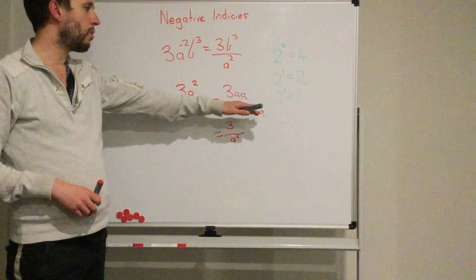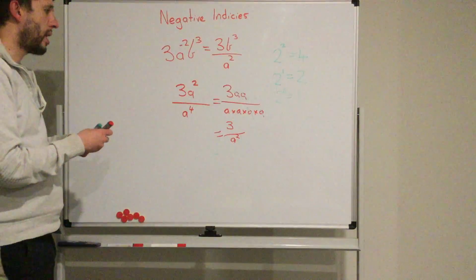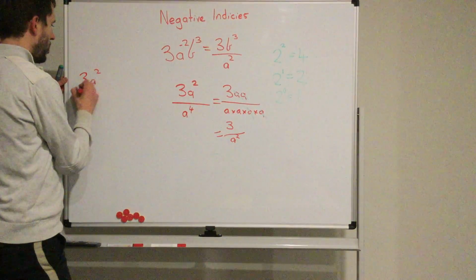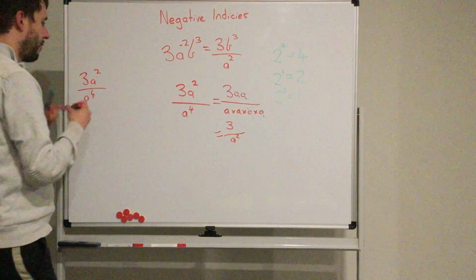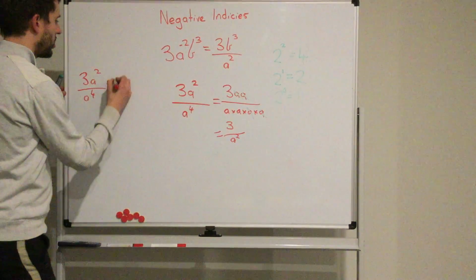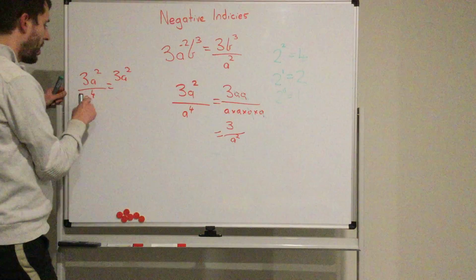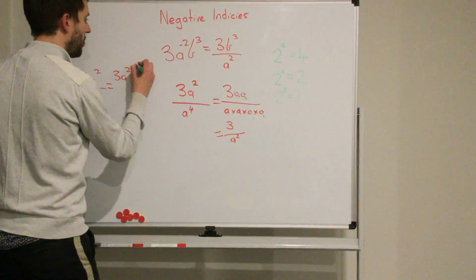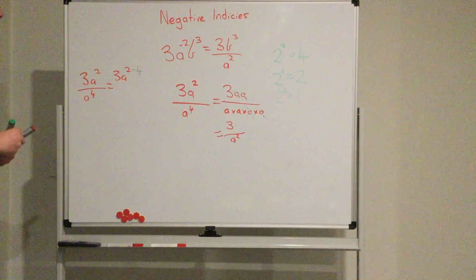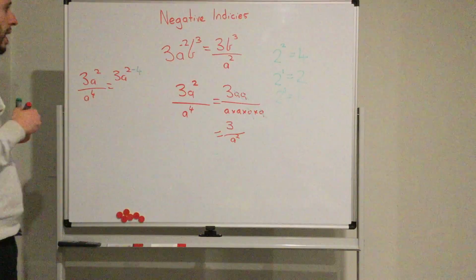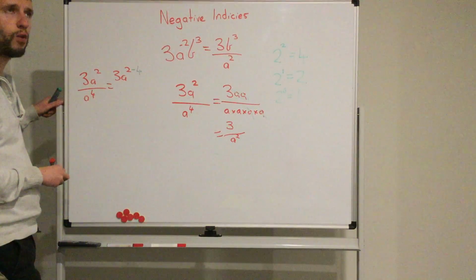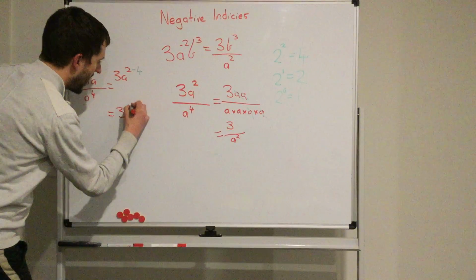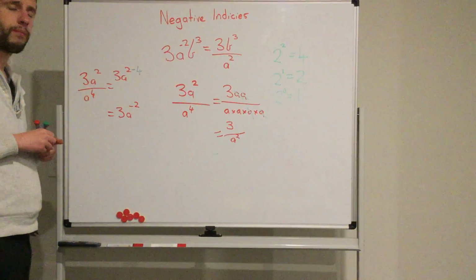So another way we looked at that, and we've done this question before, is 3a squared over a to the power of 4. I've done it as 3a to the power of 2, how many a's do I have down here? 4, minus 4, 3a to the power of 2 minus 4. 2 minus 4 is negative 2. 3a to the power of negative 2.